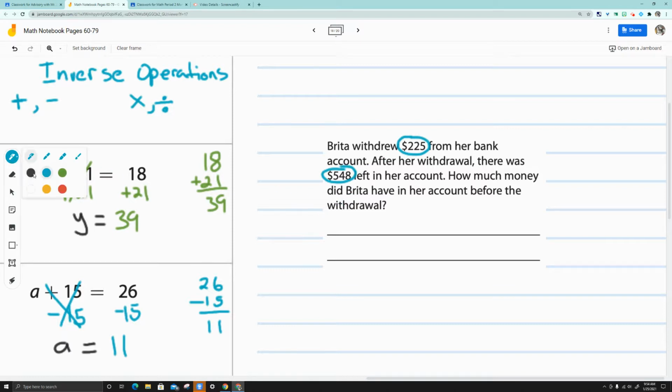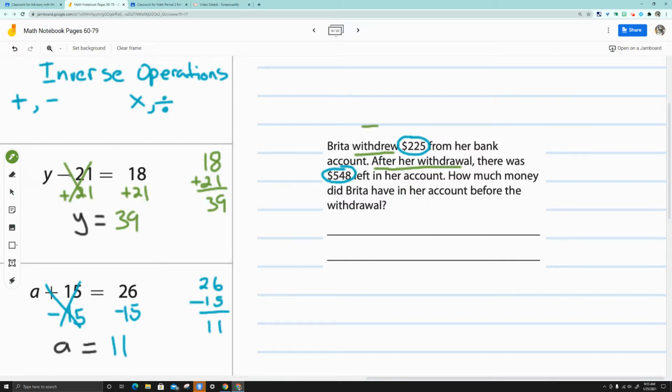Looking at clue words, we've got the word withdrawal. And when I see that, that means like taking money out of your account. The operation for that would be subtraction. And then after her withdrawal, this might be a clue word for equals.